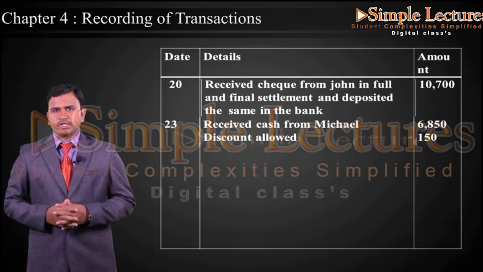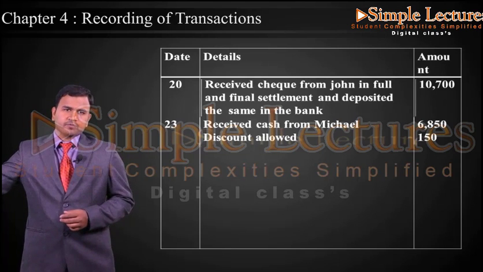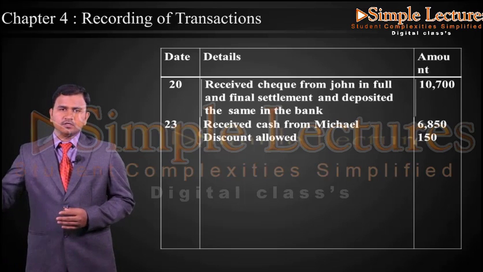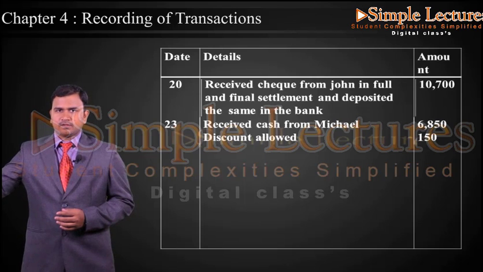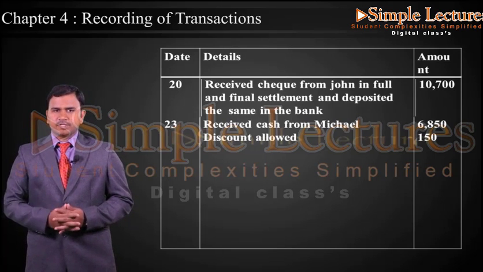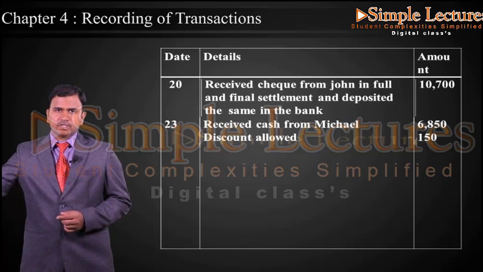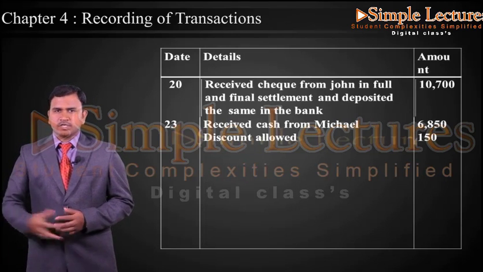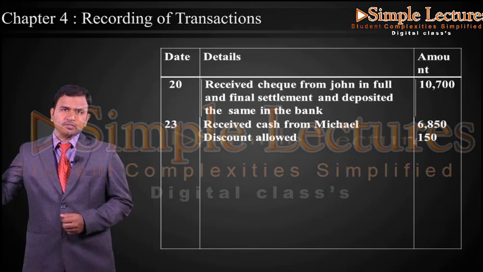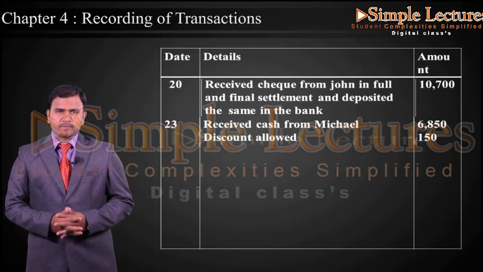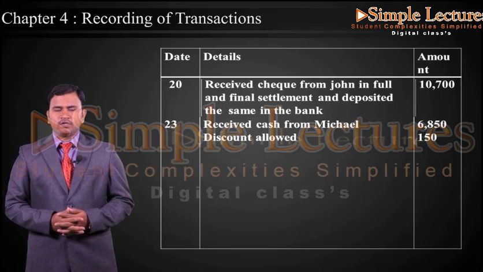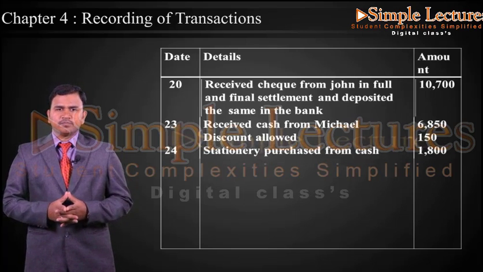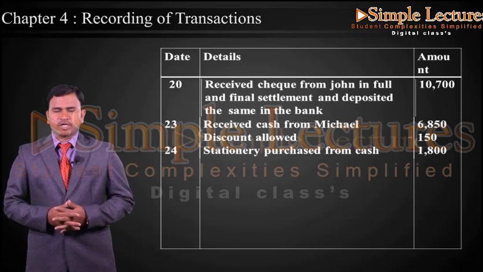So let us take the entry in the debit side. The date will be August 23rd and the entry will be to Michael account. Since we are receiving cash, it should be considered in the cash amount column 6,850.